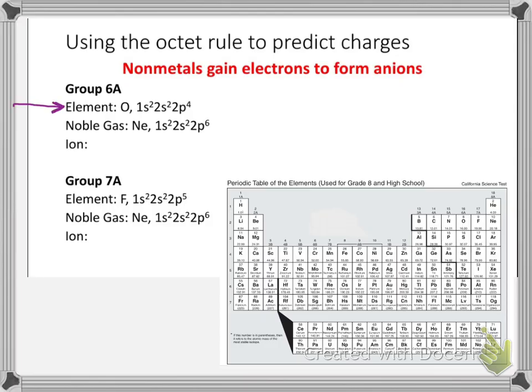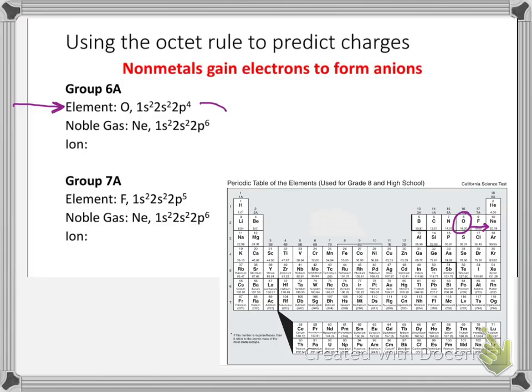And again, for oxygen, the closest noble gas would be right here. It's closer now. We're farther to the right, and so we're moving toward the noble gases. To get to that noble gas, oxygen would have to gain 2 electrons.